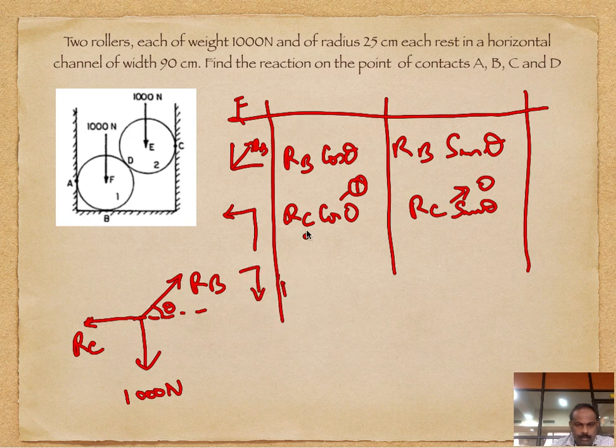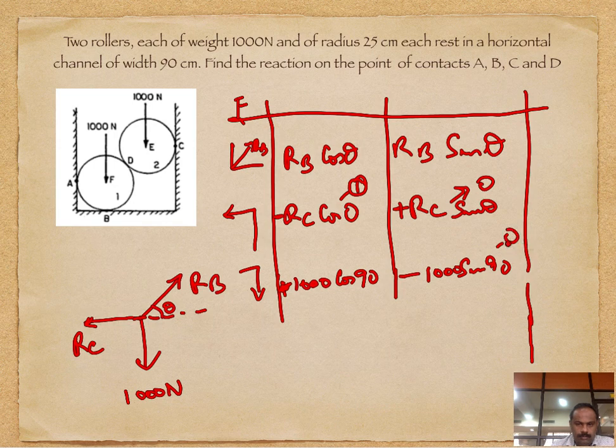Here the sign for x is minus, so minus RC, this is plus. So this is minus 1000 cos 90 minus 1000 sin 90. Sin 90 will turn out to be 0.